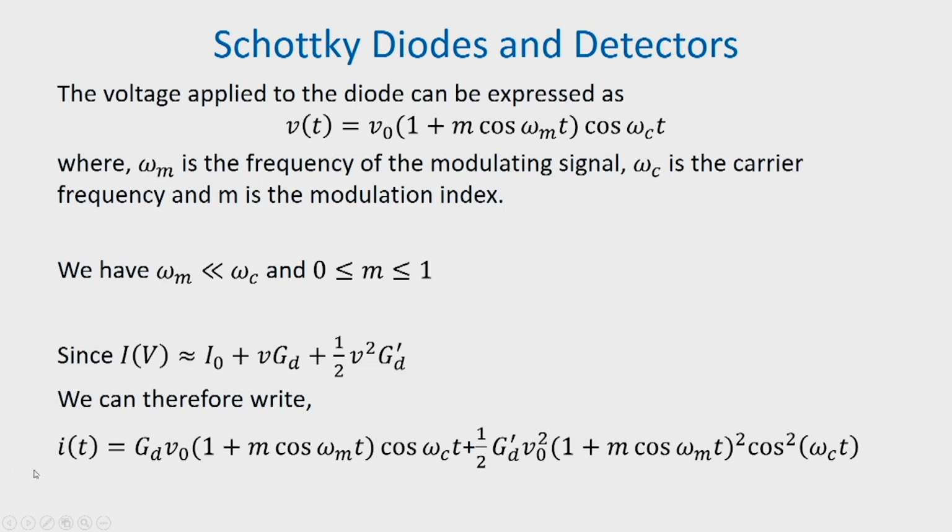Once we have this current, please note that it is the AC part of the current, essentially IV minus I naught, and we can actually get the spectrum for this current, and it will have different frequency components.